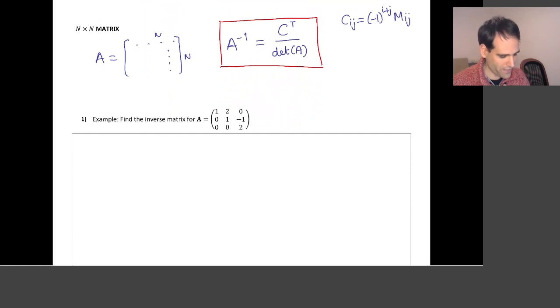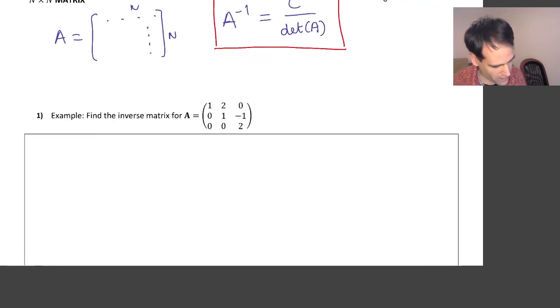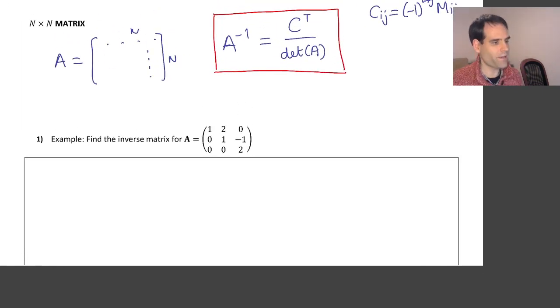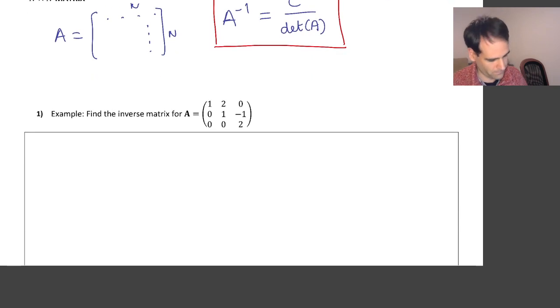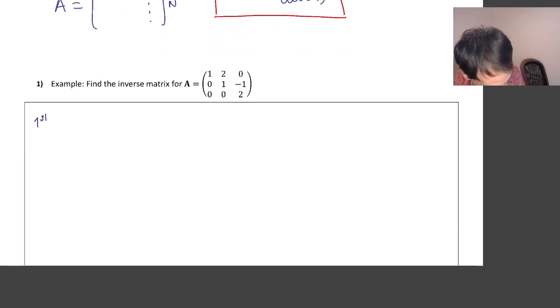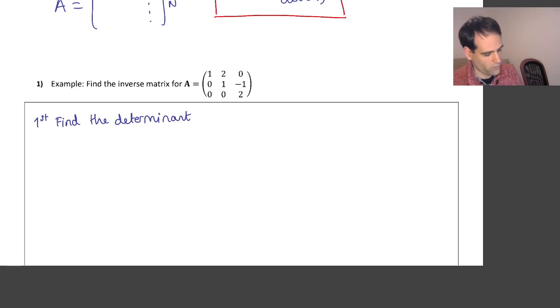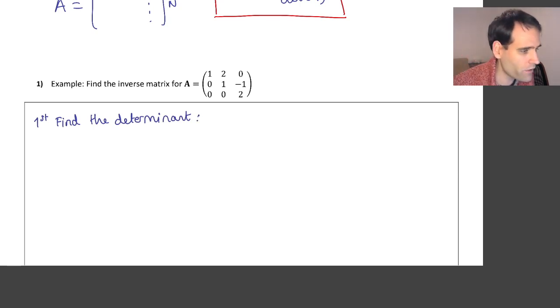Find the inverse matrix for this matrix here. How do we start? Okay, let's start by calculating the determinant. We can do the rule of Sarrus, for example, or even better, we can notice that this matrix is a triangular matrix.